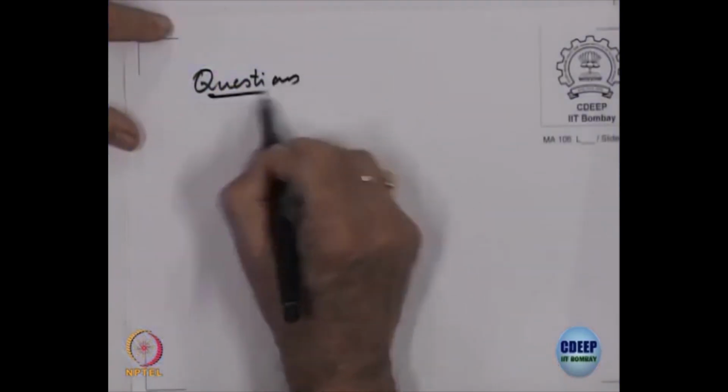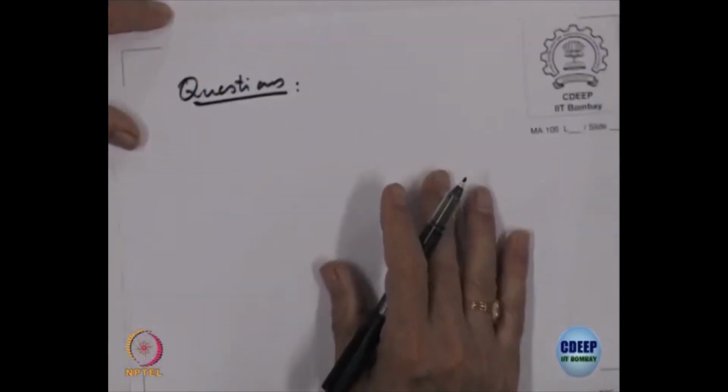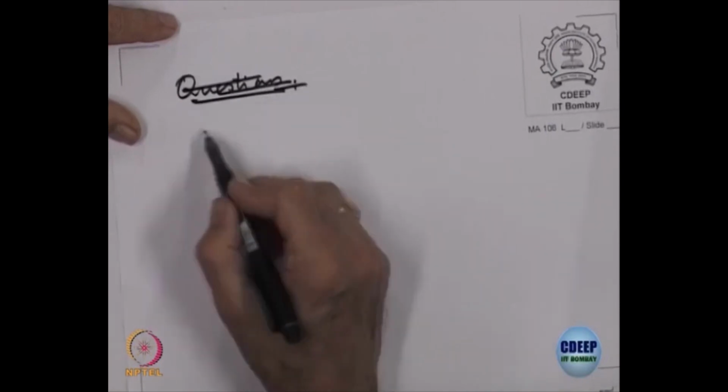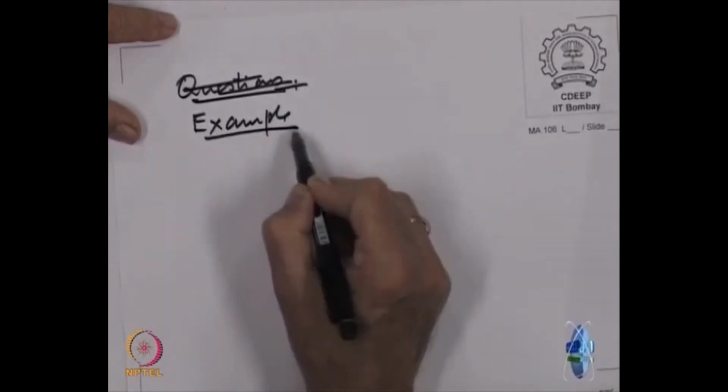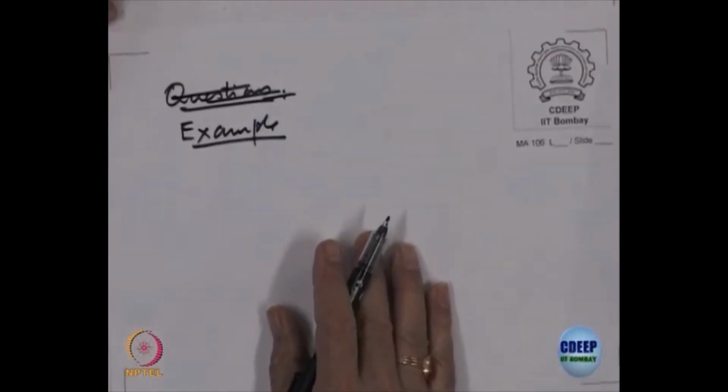So, what are the questions one would like to answer? Here are the questions we would like to answer. Okay, before even the questions, let us look at one more example to understand what is happening.